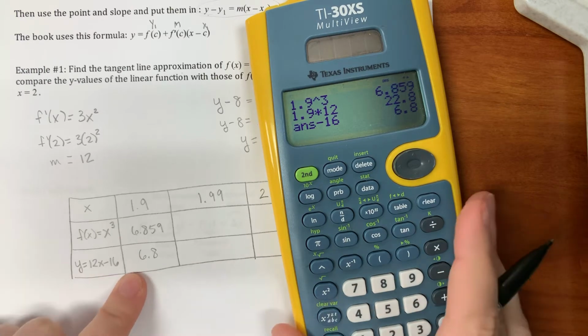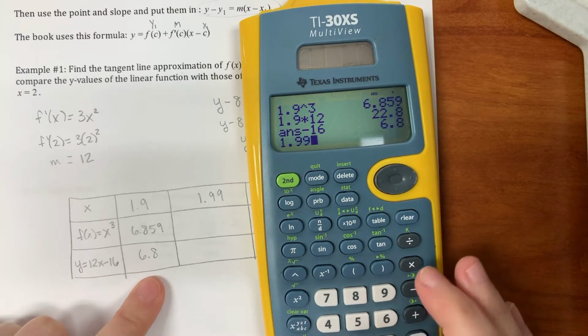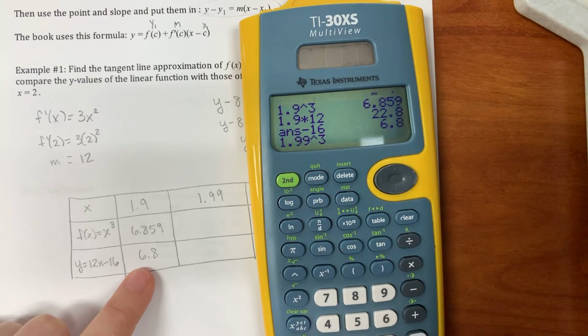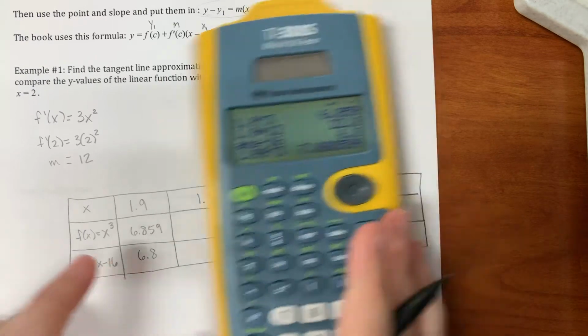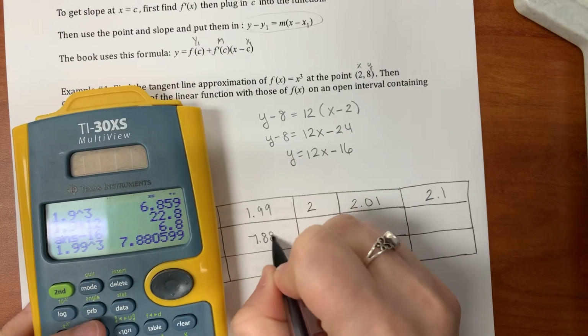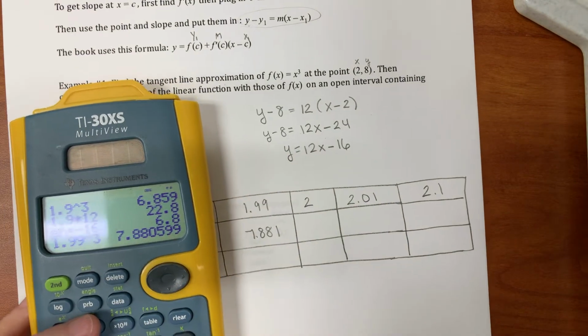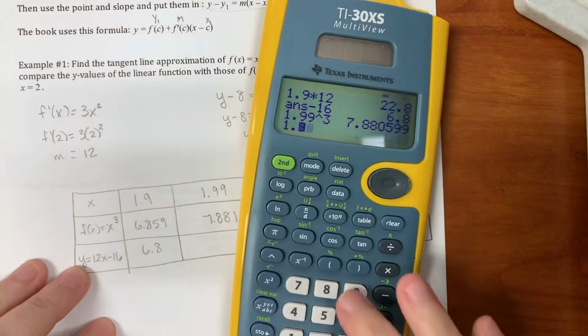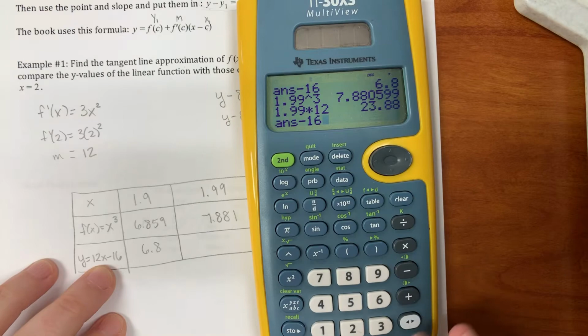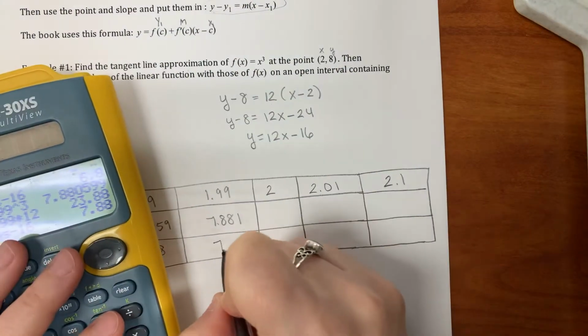It's only 5/100ths away. And then 1.99 cubed, not to the second, to the third, I'm going to round this. I'm going to say that's about 7.881. And then if I do 1.99 times 12 minus 16, I'm getting 7.88.